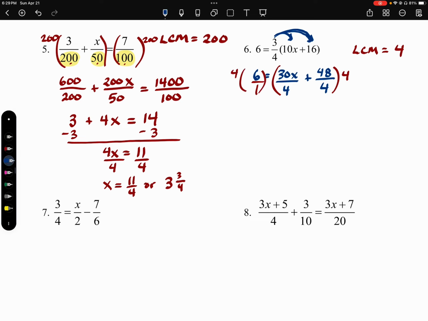We're going to end up with 4 times 6 is 24. And then we have 4 times 30 is 120x over 4.